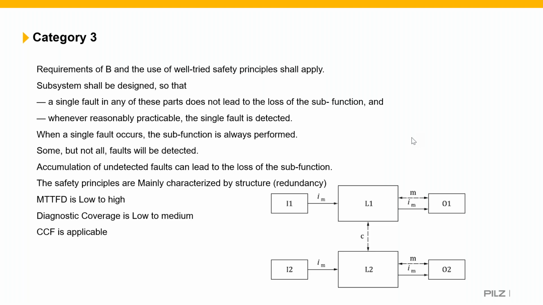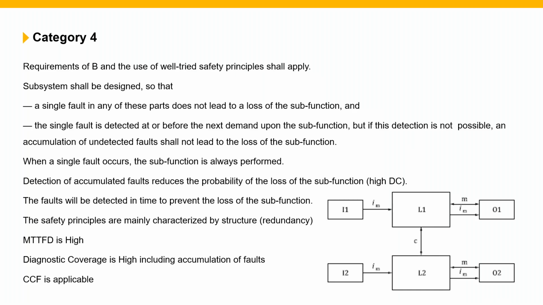The difference between category 4 architecture and category 3 is that you can see the two-way directional arrow is solid. So what we're doing there, we're now monitoring the failures in both directions, and we're detecting all failures between the logic device and the output device. We've got a solid line between the 2 channels as well, which means we're going to detect all failures between them, for the short circuit detection or single channel failures, whatever it may be.